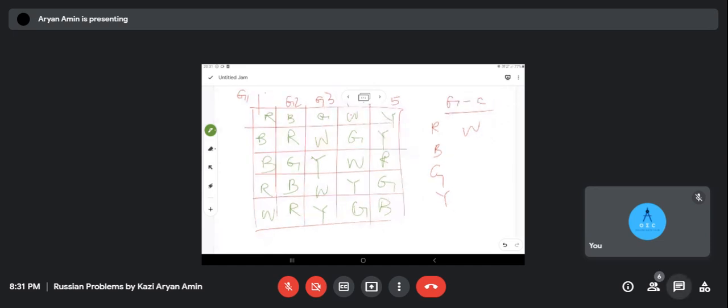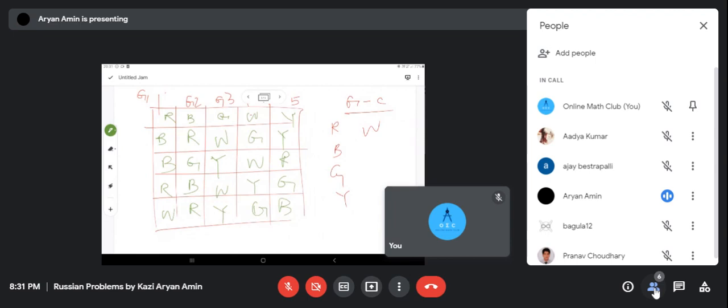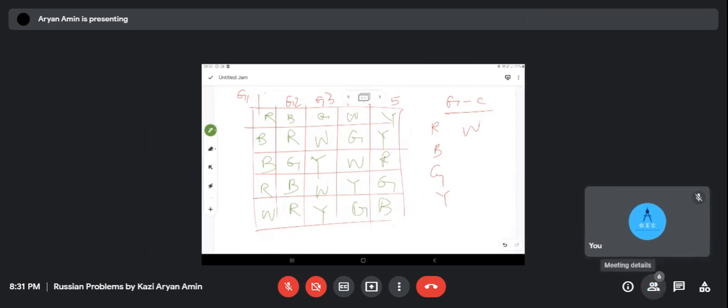So now, can you think of something that helps you incorporate the swaps in a good way?